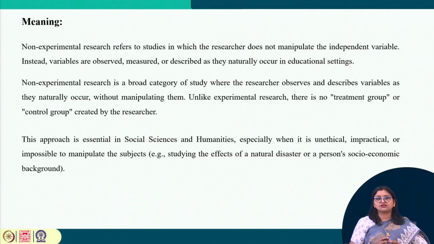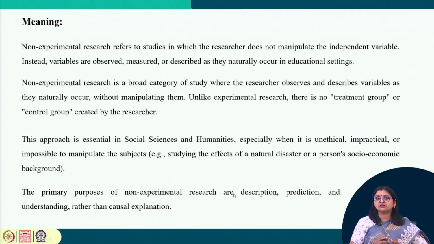This approach is essential in social sciences and humanities, especially when it is unethical, impractical or impossible to manipulate the subjects. For example, in studying the effect of a natural disaster or a person's socio-economic background, there is no possibility of a control group or any kind of treatment.